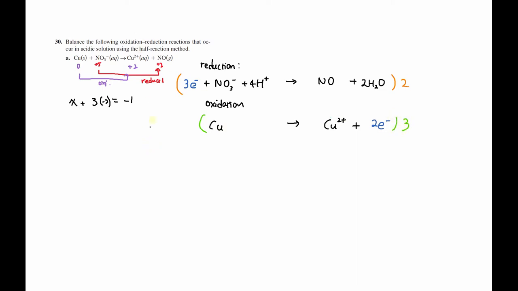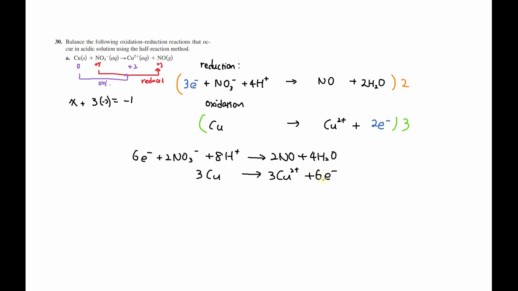So distributing all the numbers, I get 6 electrons plus 2 NO3 minus plus 8 H plus goes to 2 NO plus 4 H2O. On the oxidation half reaction, we have 3 copper that becomes copper ion, and it spits out the electrons.